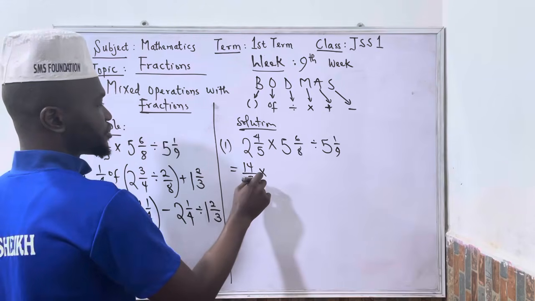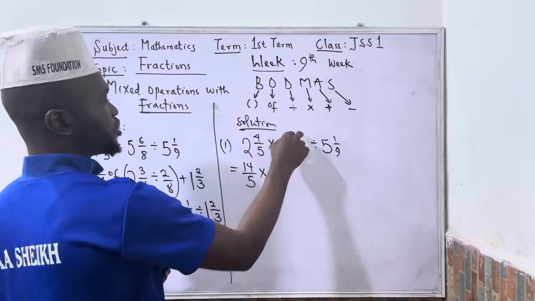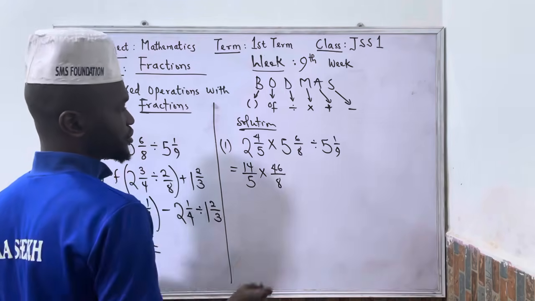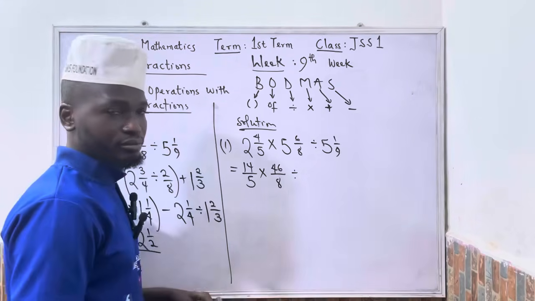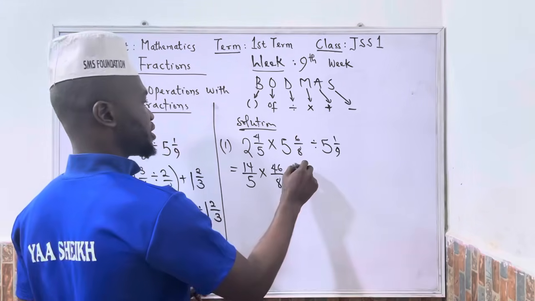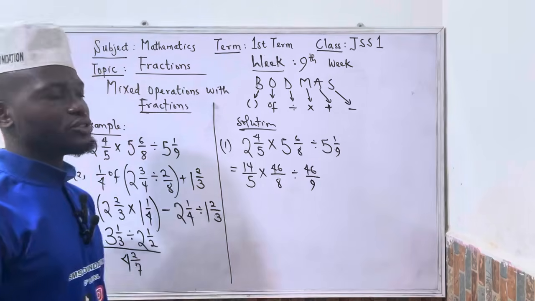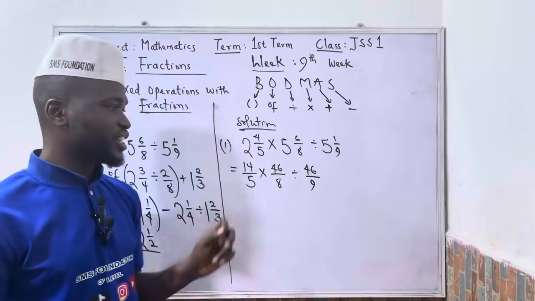Then we have times. Then we have 8 times 5, 40 plus 6, that will give me 46/8. Then division again, 5 times 9, that's 45 plus 1, that is 46/9. Very good. You can see that it's looking simpler than the way we have it initially.